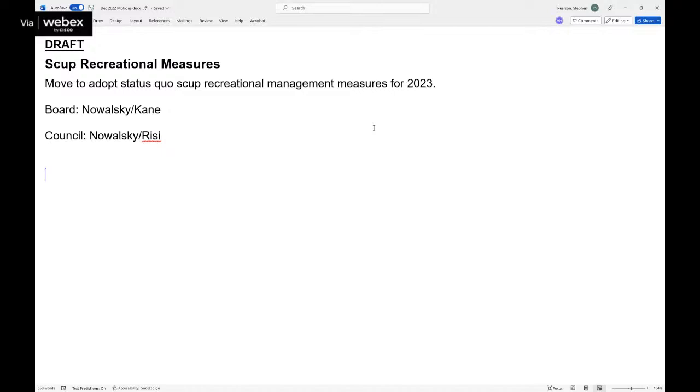I just don't see any other way. If you want to have the context of Magnuson or something, that could be for another day. But for me, I can't support this motion.